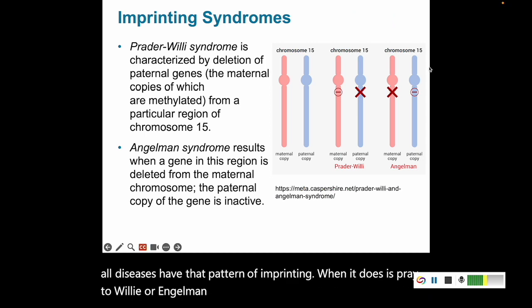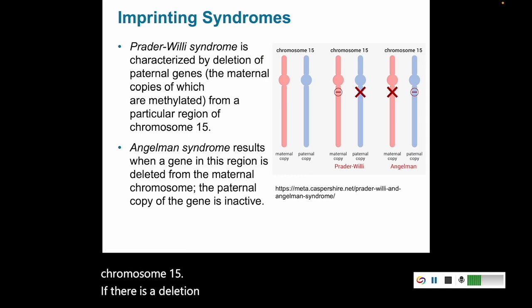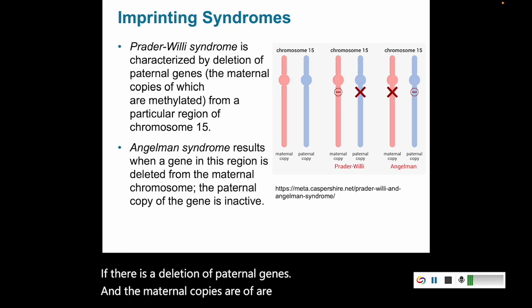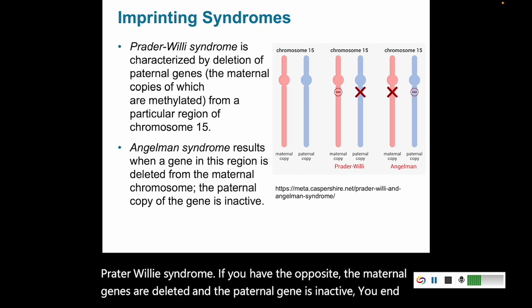So on your chromosome 15, if there is a deletion of paternal genes and the maternal copies are methylated, you end up with Prader-Willi syndrome. If you have the opposite, the maternal genes are deleted and the paternal gene is inactive, you end up with Angelman syndrome.